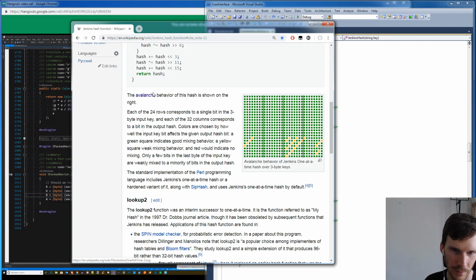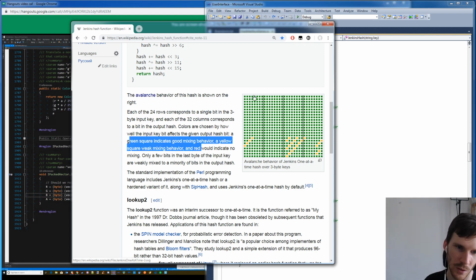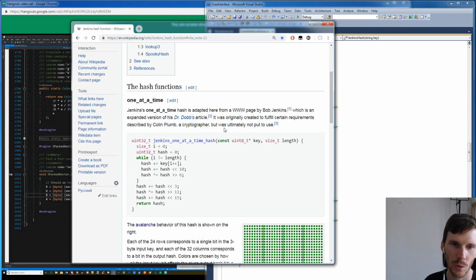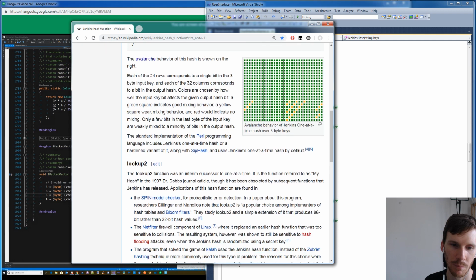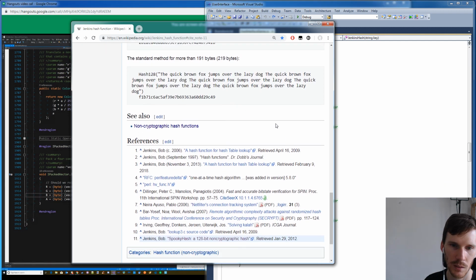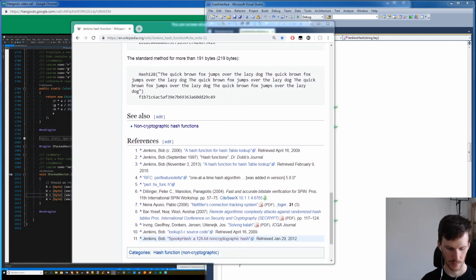I'm pretty sure what this means is that bits are effective, so it's got good mixing behavior, roughly speaking. There's a tool called, I believe, SMHasher.